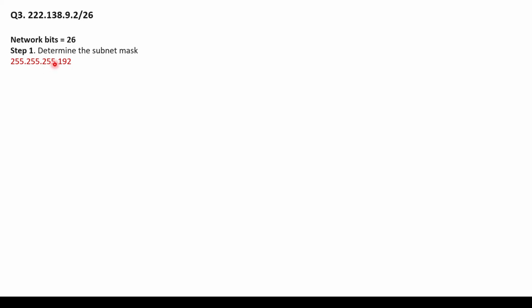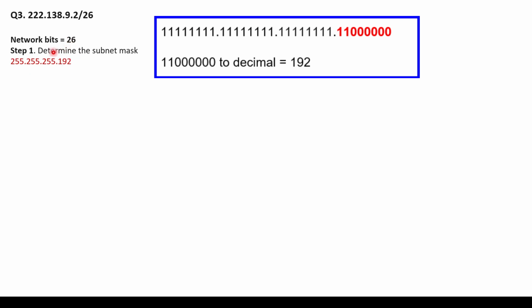Now, the third octet stops at 24 bits, right? But we are given a /26. So we need 2 more bits to complete 26 bits. Adding 2 more bits to our 24 will get 26, right? So in this final octet, which is going to be our octet of interest, the first 2 bits are also reserved for the network. So the first 2 bits of these 8 bits are going to be represented by 1.